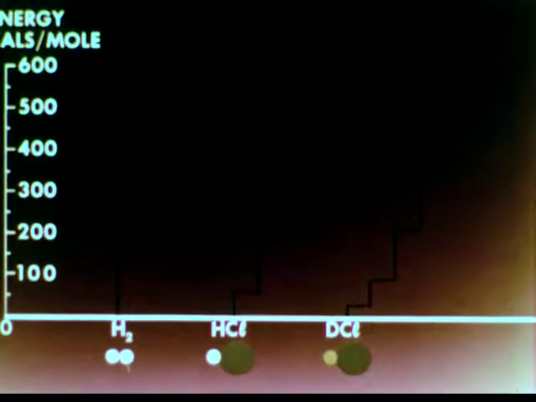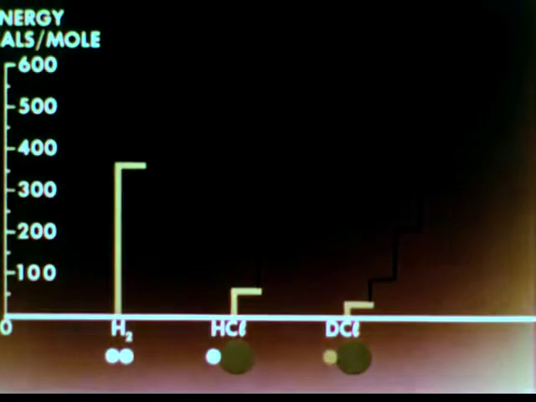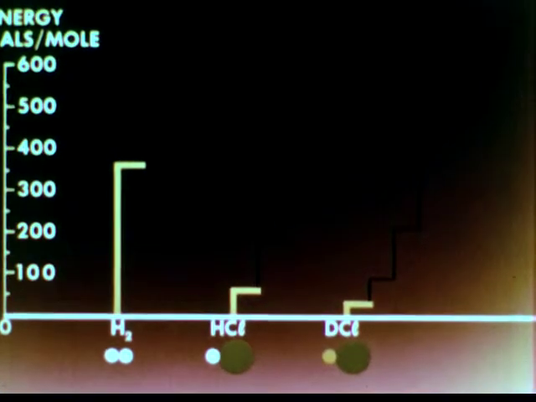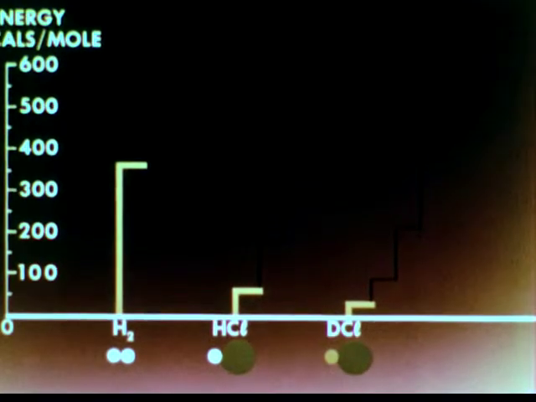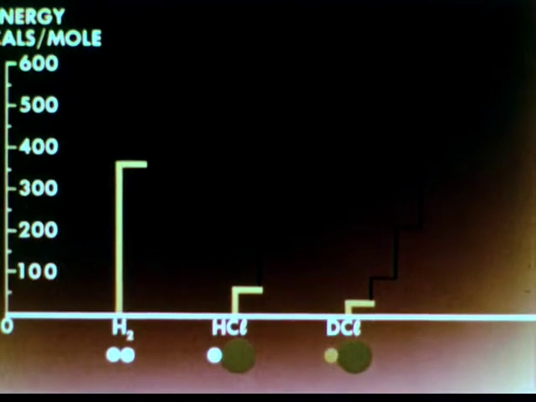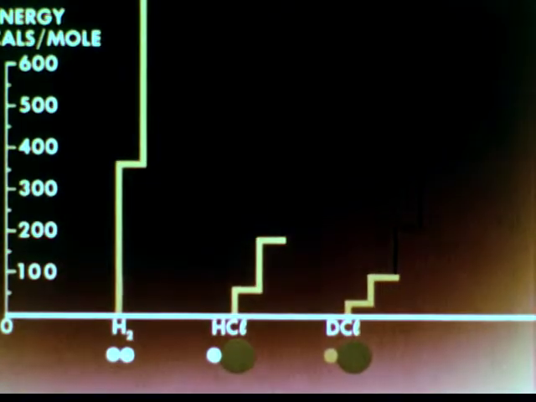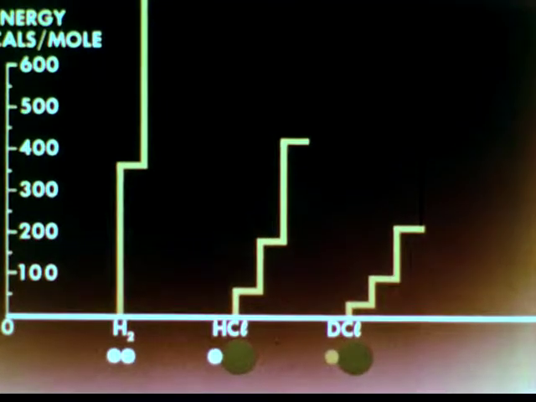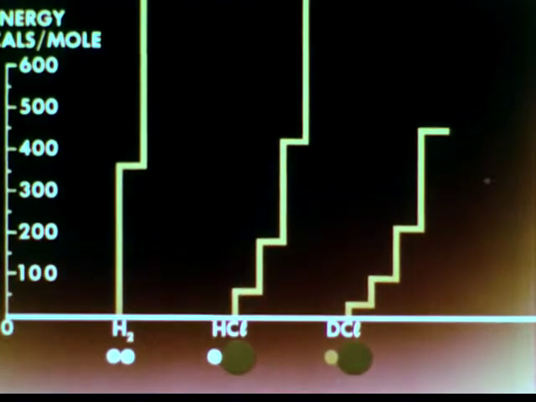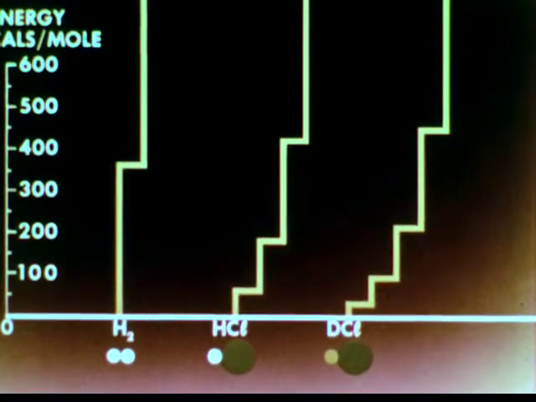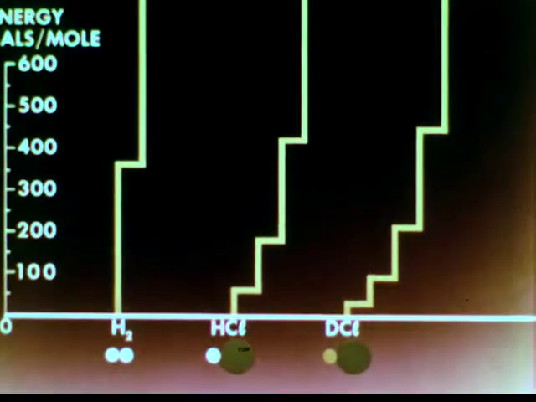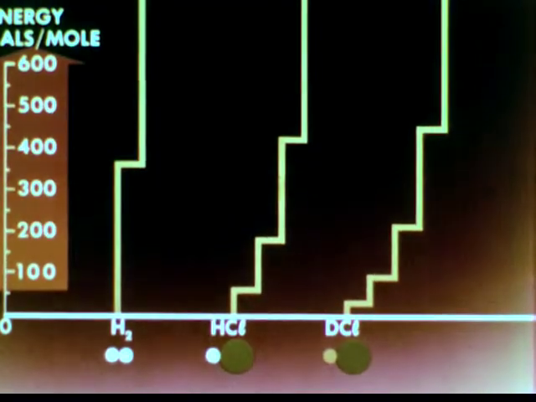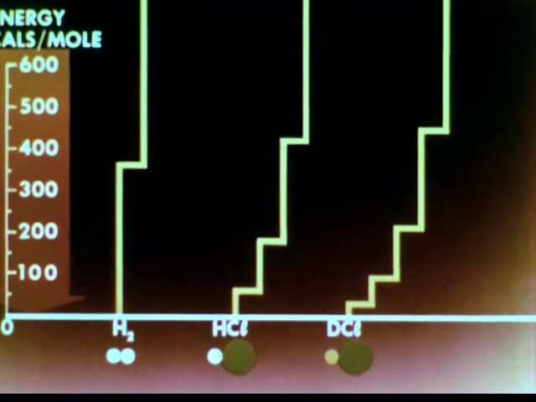We can picture them as a staircase. The height of the first step is different for every diatomic molecule, depending on the masses and the bond lengths of the particular molecule. The height of the second step is always twice the height of the first step. The height of the third step is 3 times that of the first, and so on, increasing regularly as we go up. The molecules in higher energy levels rotate faster than those in lower levels.